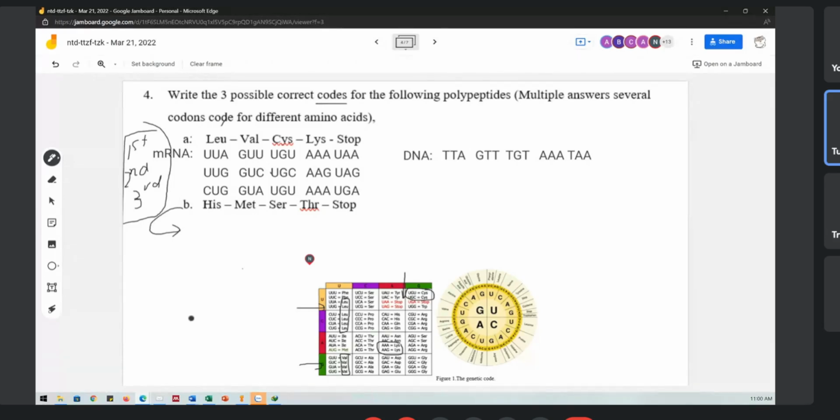So okay, for the histidine, I can choose CAU. Methionine is only AUG. AUG only. Okay, good. Serine. Serine is UCU.